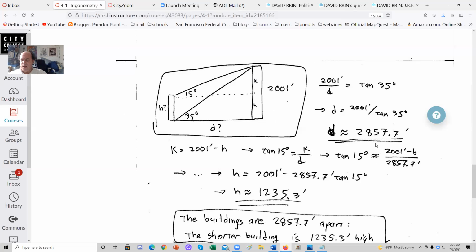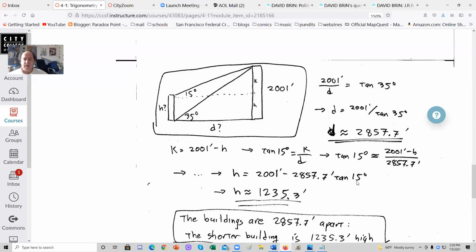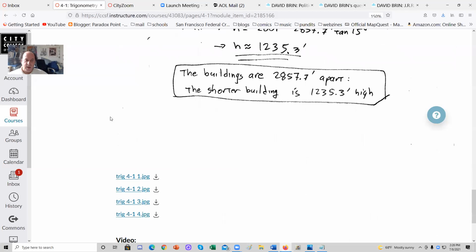From here, let's transpose the 2857.7 and do a little more algebra. You get this: h is 2001 feet minus 2857.7 feet times tan 15 degrees. And after a bit of churning, you get h is 1235.3 feet. So the buildings are 2,857.7 feet apart, and the shorter building is 1,235.3 feet high. Okay, that concludes that part.